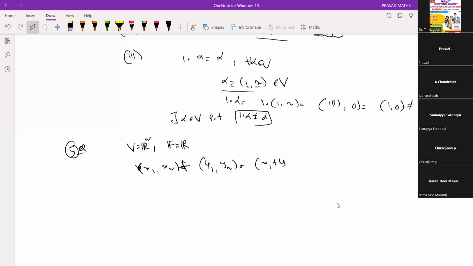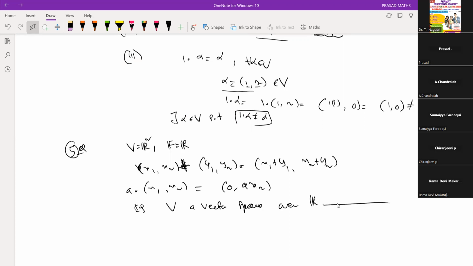You know what the problem is if I define it in different ways. This is vector addition. What is scalar multiplication? Suppose you take (0, x2). Is it a vector space? No, sir.